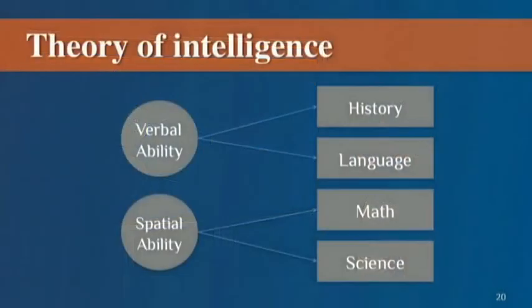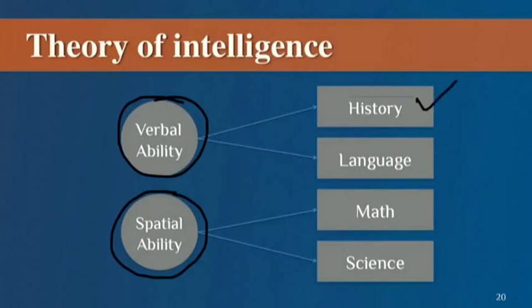So there's something like verbal ability and perhaps spatial or mathematical ability, and those are separable. And so verbal ability is more important for history class and language class, and spatial ability or quantitative ability is more important in math class and science class.